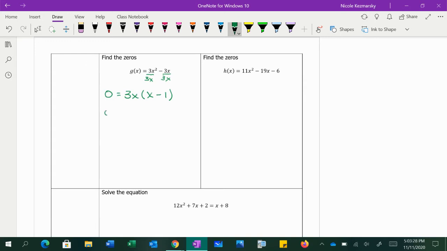And again, we have an x that doesn't have parentheses around it, so we're going to turn it into 3x plus 0 along with the x minus 1. And we'll set each of those equal to 0. So 3x plus 0 equals 0, and x minus 1 equals 0.